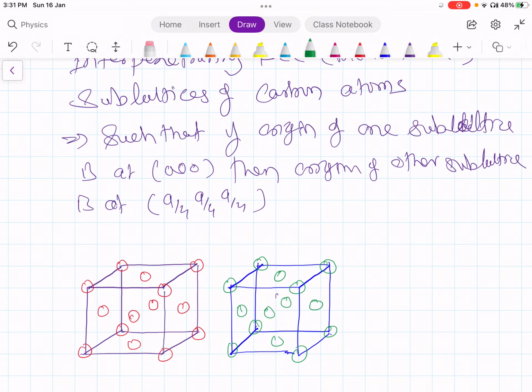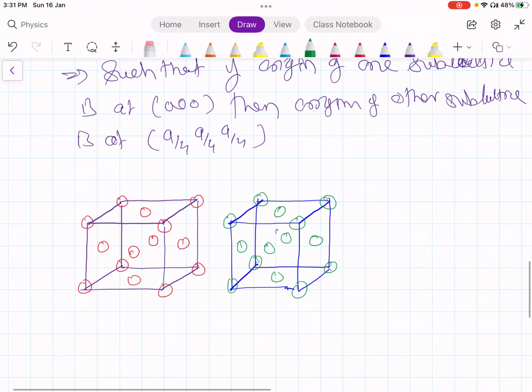Now these two FCC sublattices of carbon atoms interpenetrate into each other. They interpenetrate such that if the origin of this sublattice is at 0, 0, 0, then the origin of this one is at a by 4, a by 4, a by 4.